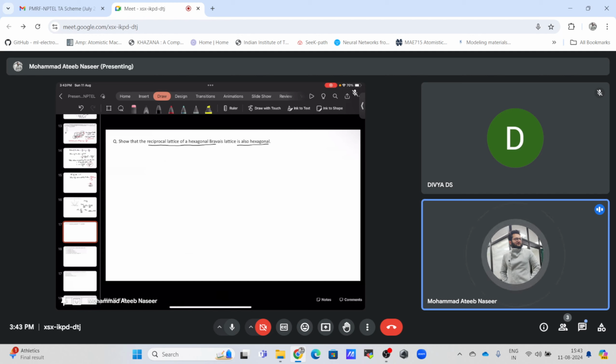If we are having a hexagonal Bravais lattice, what does it mean? It means that we are having two sides to be equal, and the angle between those two sides is 120 degree, and the third side is not equal to those two sides.